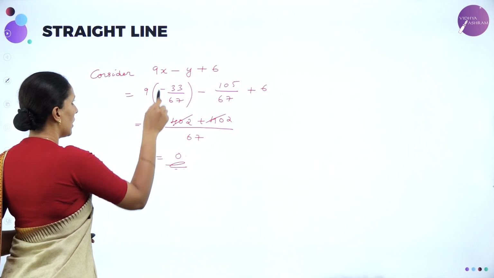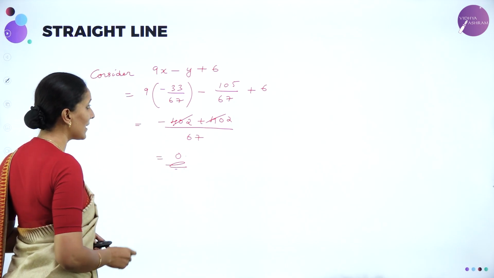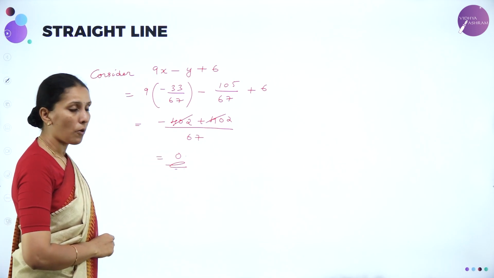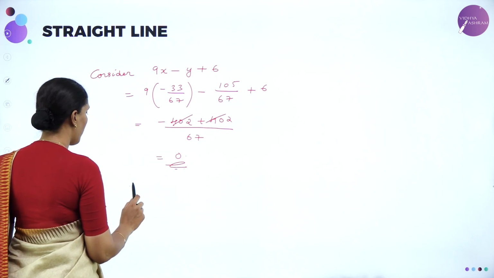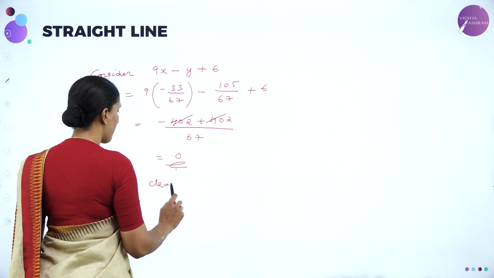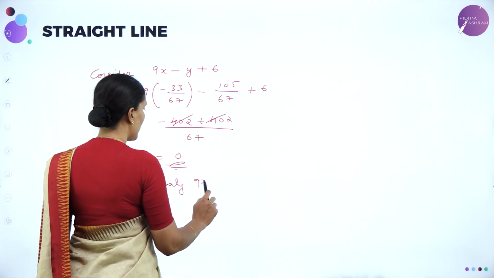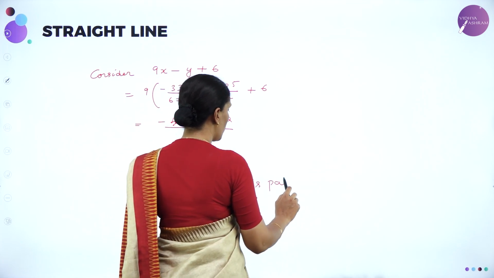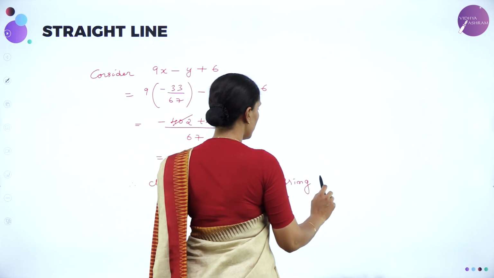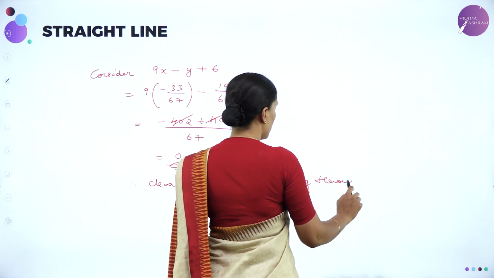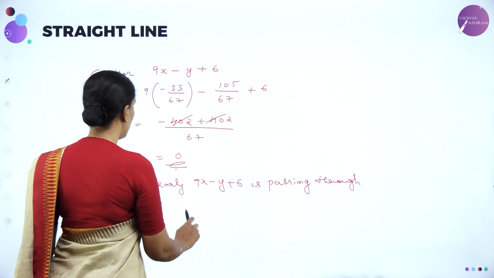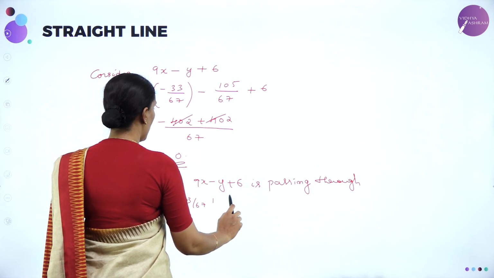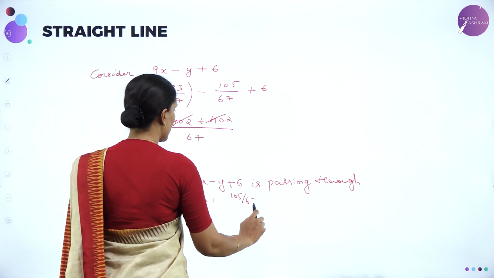Now, since the point satisfies the equation, that means the given line is passing through the point of intersection. So, therefore, clearly 9x - y + 6 is passing through (-33/67, 105/67).